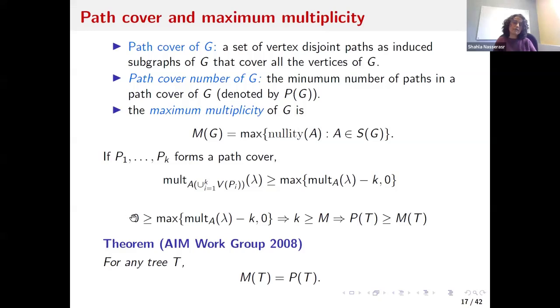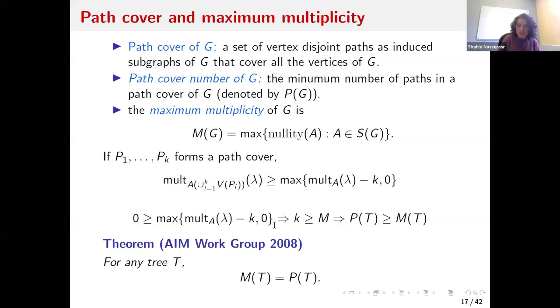So the left-hand side of the inequality is 0, and on the right side, we have the maximum multiplicity of lambda in A minus K of 0. What that means is simply that the path cover number is at least the maximum multiplicity for all trees. And in fact, it is shown that maximum multiplicity and path cover number are exactly the same for trees, but that inequality only proves one of the directions.